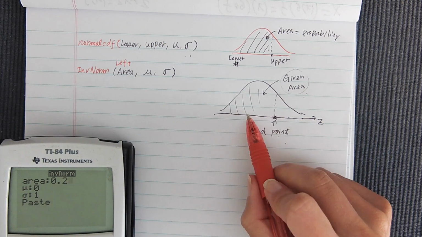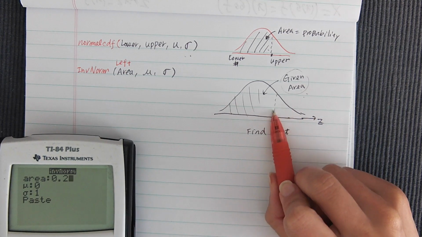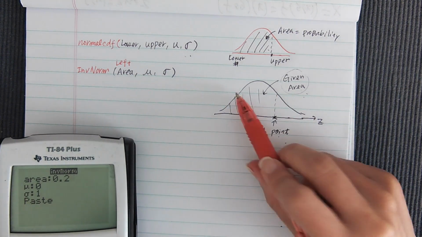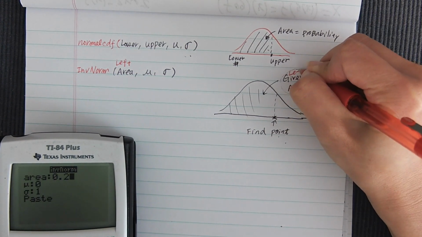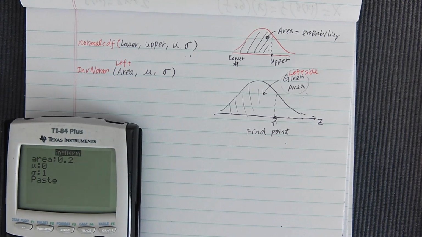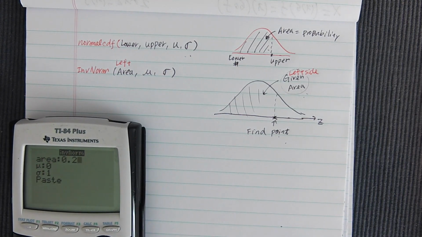What's your left side area? If you are given the right side area, it doesn't work. Always make sure you use the left side area. Then you can say what the point is.